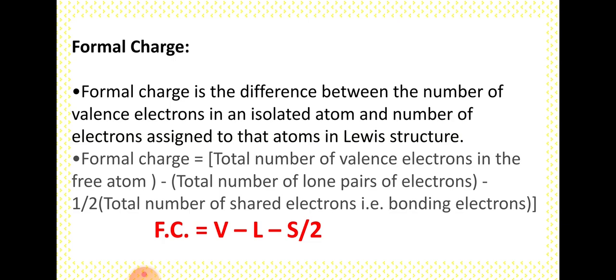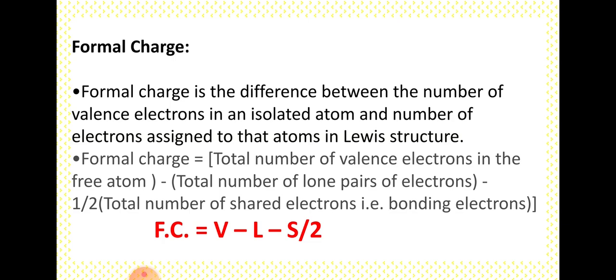One formula has been made for bringing out the formal charge. Formal charge is equal to V minus L minus S by 2. What is V? V is the total number of valence electrons of the free atom. What is L? L is the total number of electrons as lone pairs. What is S?